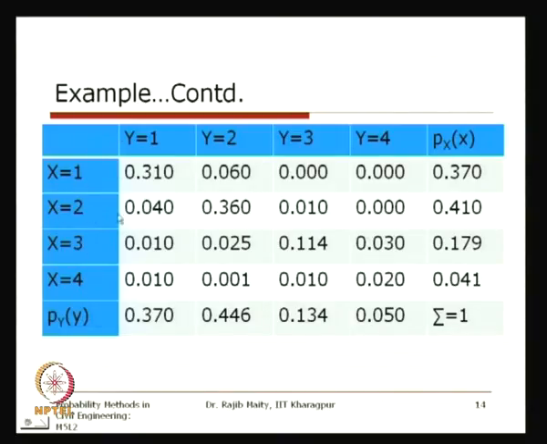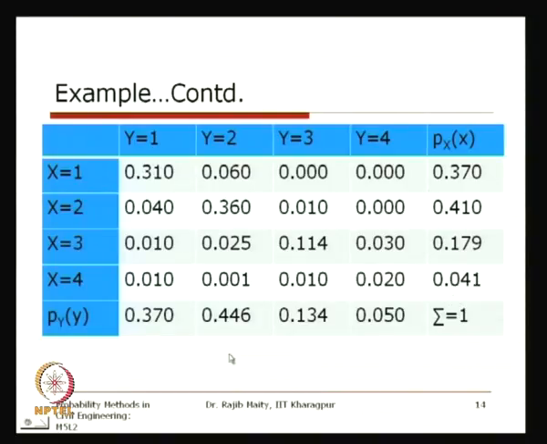When you throw the light here, it adds up and creates the shadow here. So 0.37 is the probability for x equals 1, 0.41 is the probability for x equals 2, 0.179 is the probability for x equals 3, and 0.041 is the probability for x equals 4. These 4 show the marginal distribution of x.